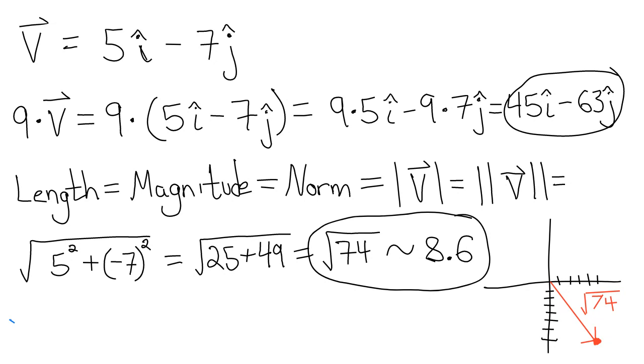Unit vector of v hat equals a vector with the same direction as v, but with length equal to 1. So this is called the unit vector.